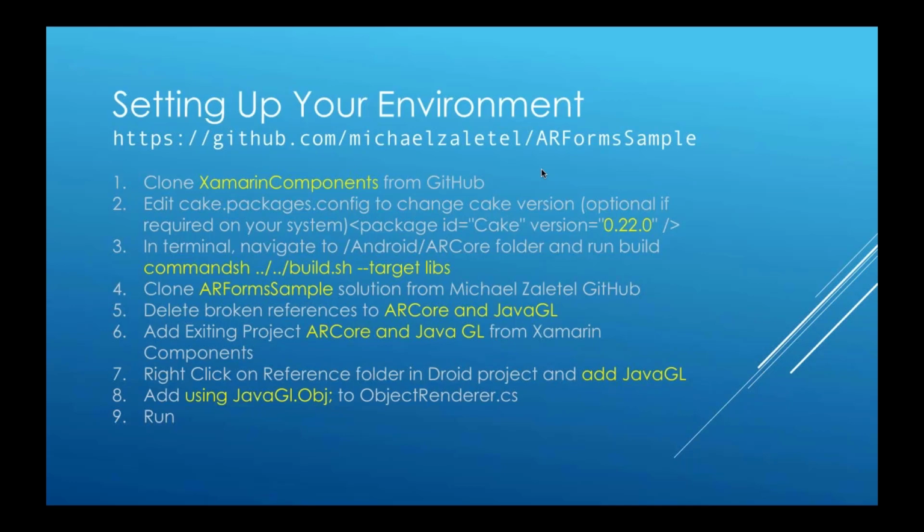Well, the problem is that on the root level of that directory, somebody committed a cake.packages.config that puts the cake version at .17, and you're not able to build ARCore and Java GL, so you have to edit that package to 22 in order to navigate to the Android ARCore folder and run the build command on that.